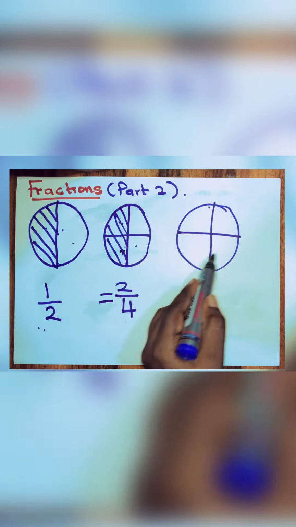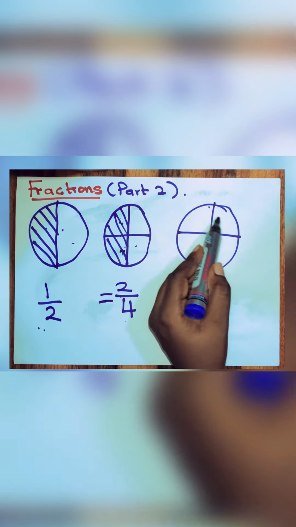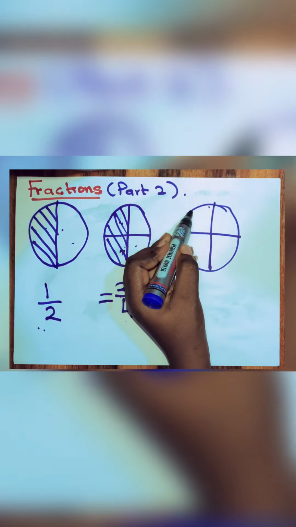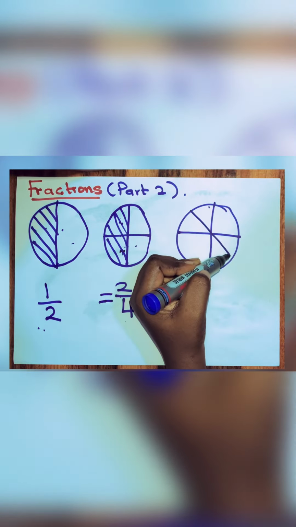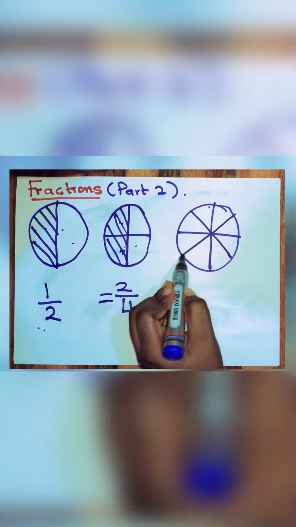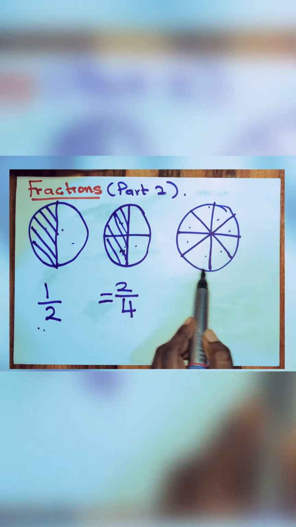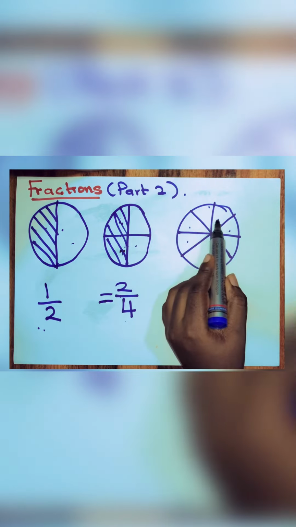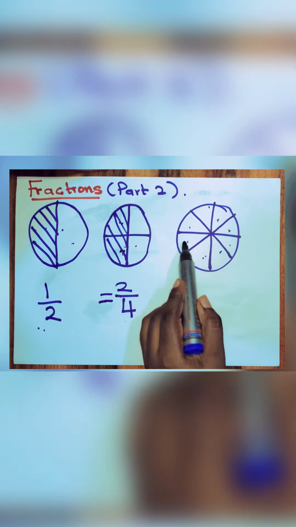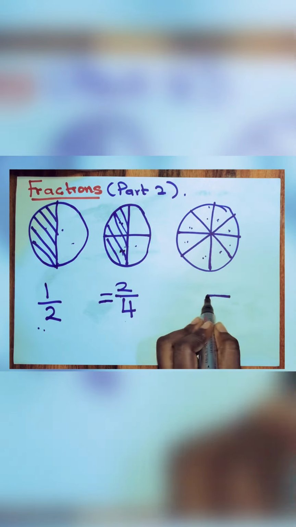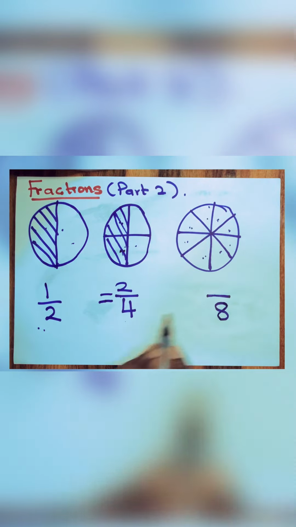So in order to get 8, we are supposed to divide each slice into 2 equal pieces. So we then do it this way and then cut it this way. So how many equal pieces do I have? Let's count. 1, 2, 3, 4, 5, 6, 7, 8. So we have 8 as the denominator.